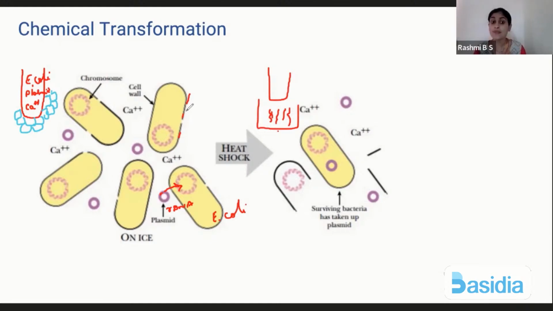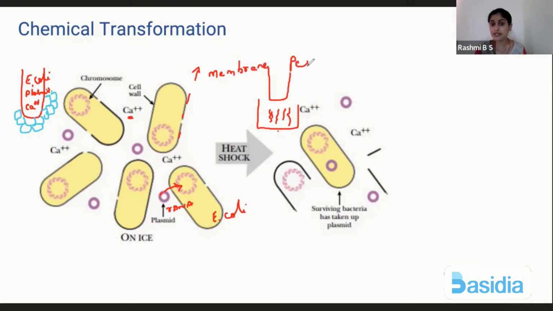During that time, the membrane permeability will increase. So this sudden cold and heat shock in the presence of calcium will increase the membrane permeability of bacteria.